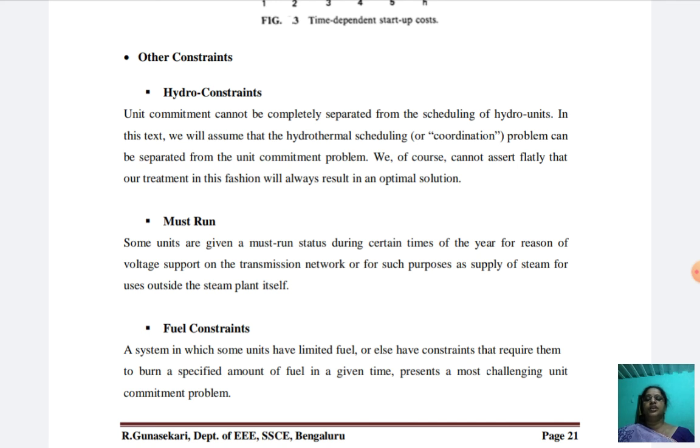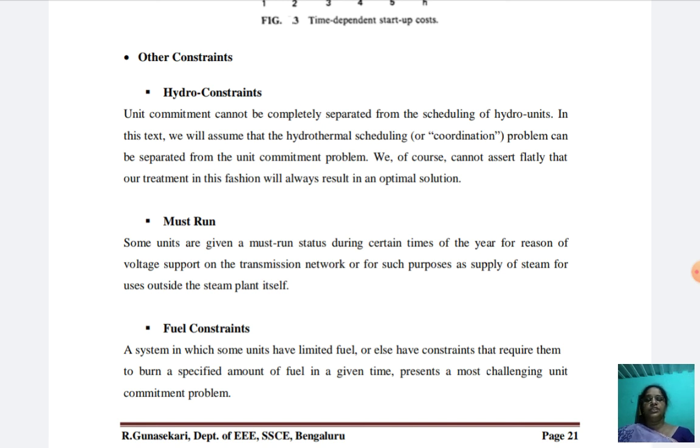Hydro constraints means the unit commitment cannot be completely separated from the scheduling of hydro units. Must-run means some units are given must-run starts during certain times of the year for the reason of voltage support on the transmission network, or for such purposes as the supply of steam for use outside the steam plant itself.